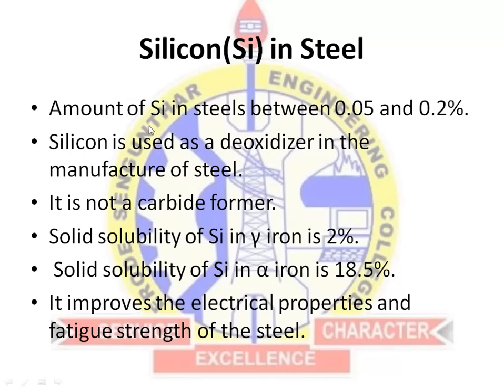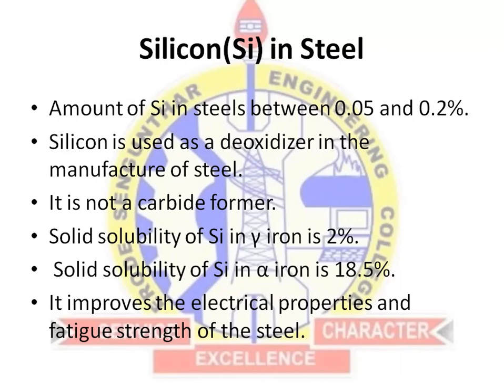Next one is silicon, between 0.05 and 0.2%. Silicon is used as a deoxidizer in the manufacturing of steel, to remove the oxidizing content present in the steel. So silicon is another alloying element used in manufacturing steel.